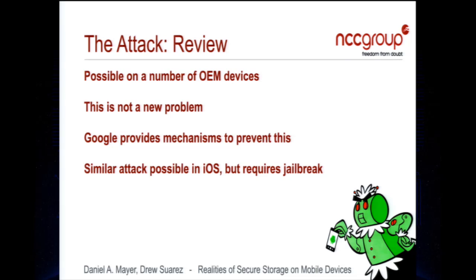So you need to boot into the device, unlock it with your passcode if you have one, and then say, I want to allow the flashing of firmware or foreign images, and only then you can do that. So till when we're all finally at Marshmallow, which will clearly not happen in quite a while, that may not be an issue anymore. And as I've hinted, similar attacks are possible on iOS, but they obviously require jailbreaking, which may be equally tricky because you may need to have the passcode for that.